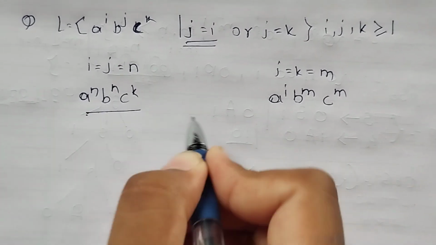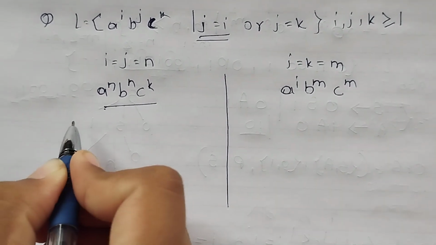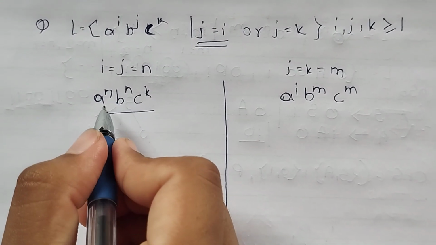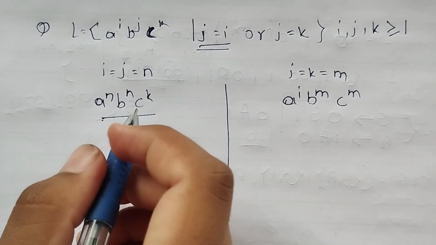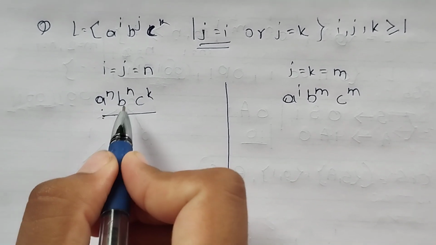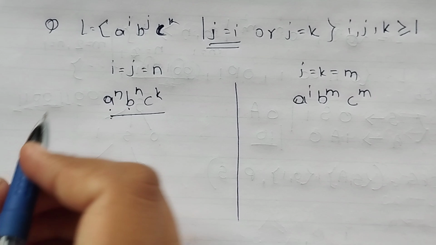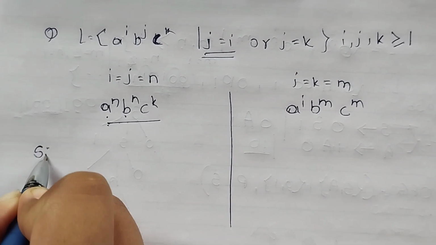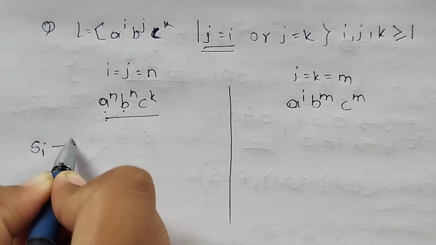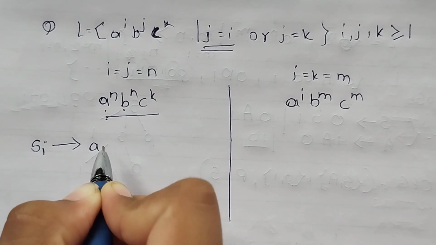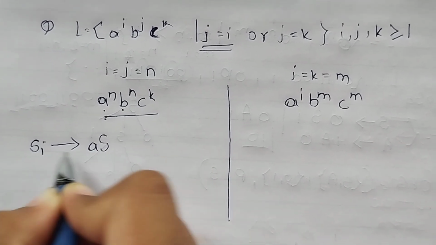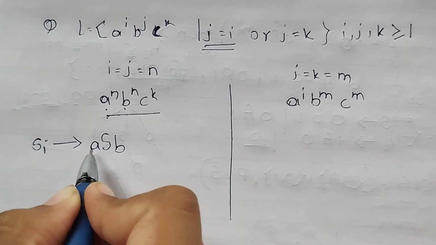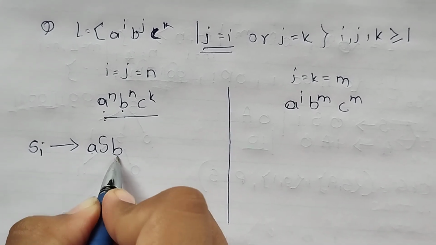Let's suppose for this we write the production. I hope now you get the idea. When we want n number of a equal to n number of b, how do we write the production? Let's suppose S1 reads a S b. Here n number of a is equal to n number of b.